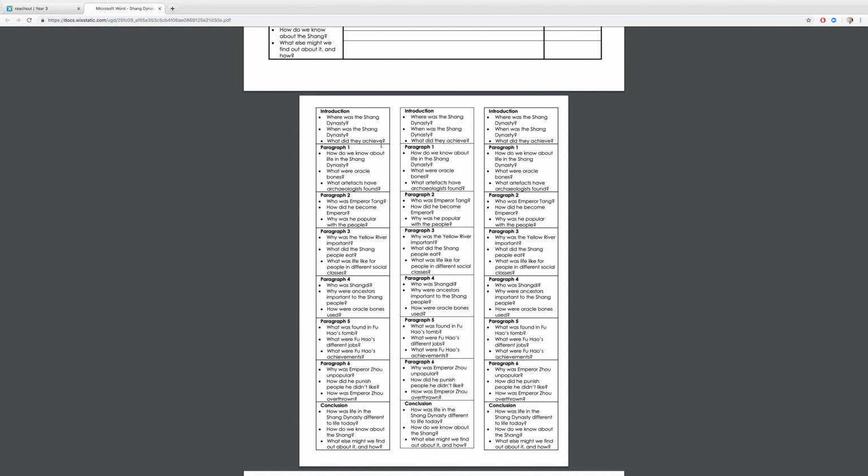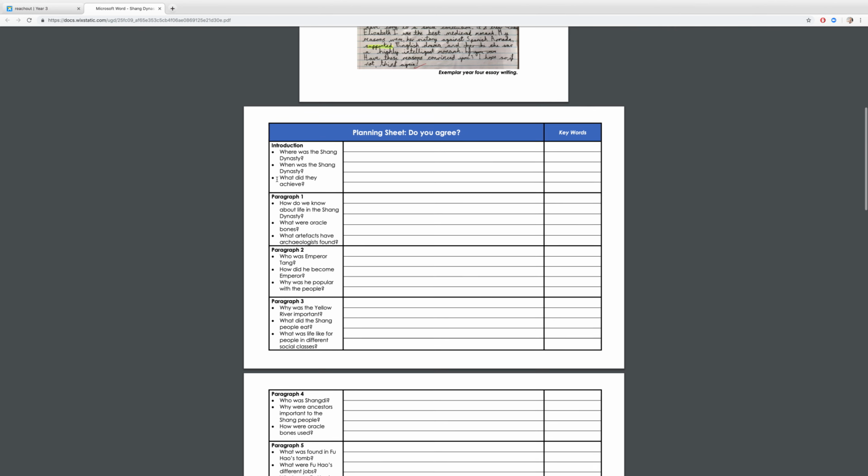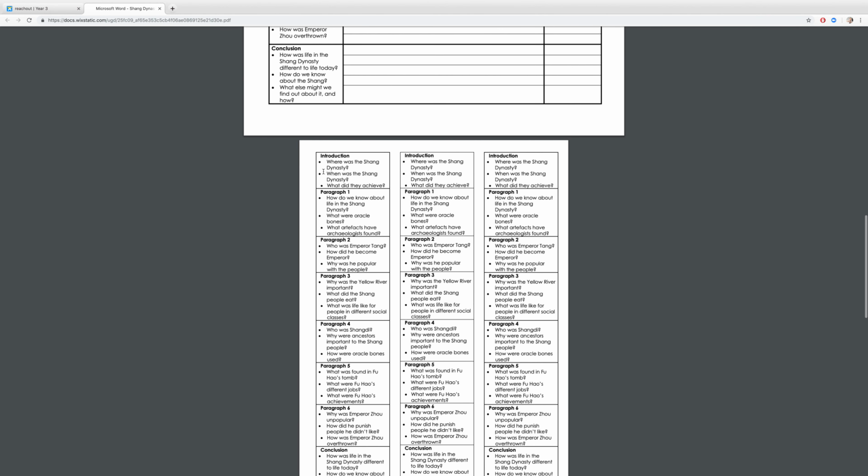So they might have in front of them their booklet with all of that information and the learning that they've done and the answers that they've given, the planning sheets that they've completed in the previous lesson, and a structure strip right next to their sheet of paper that they're writing their essay on.